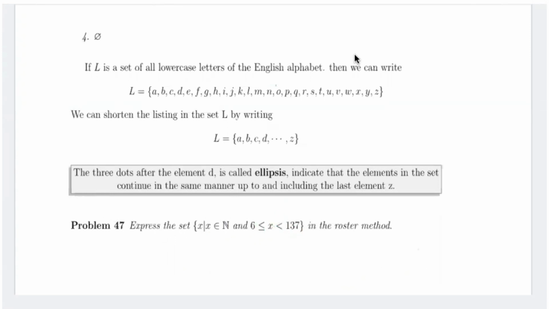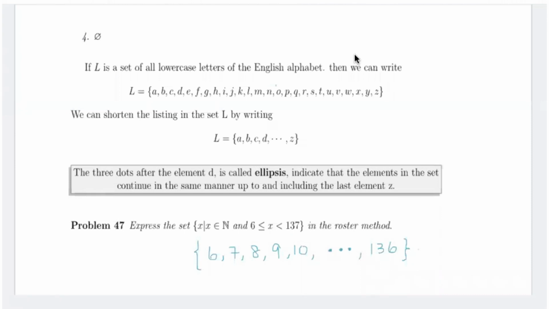So the set is 6, 7, 8, 9, 10, and then I get tired, so ellipsis. What's my last number? 136, because the natural number less than 137 is 136. There are over 100 numbers, so I put dots.